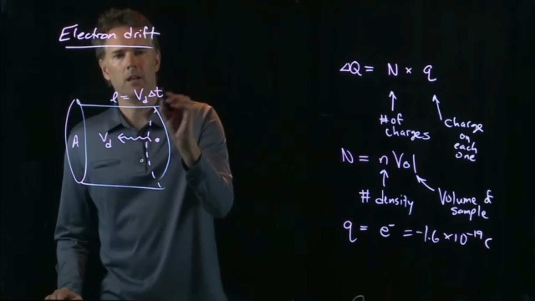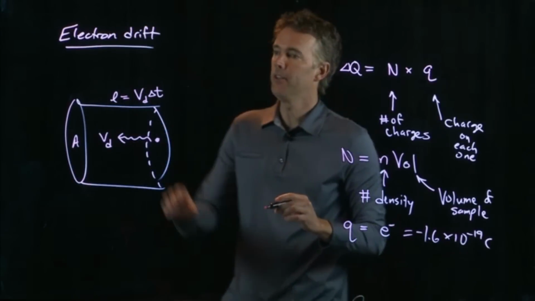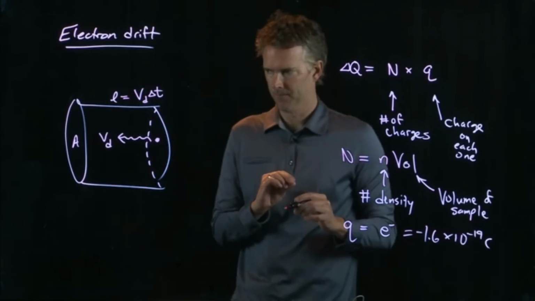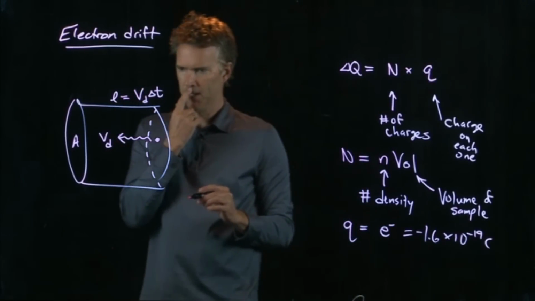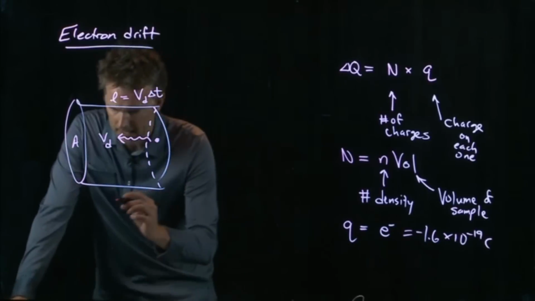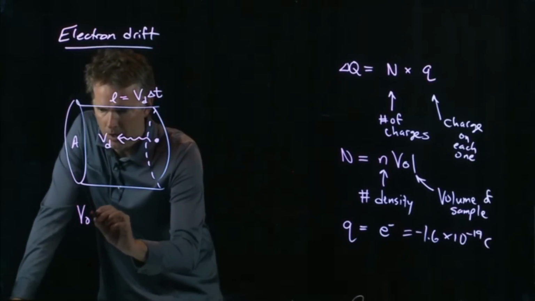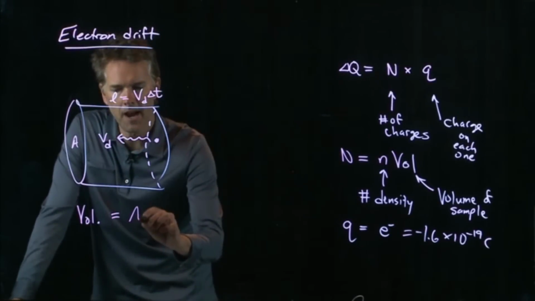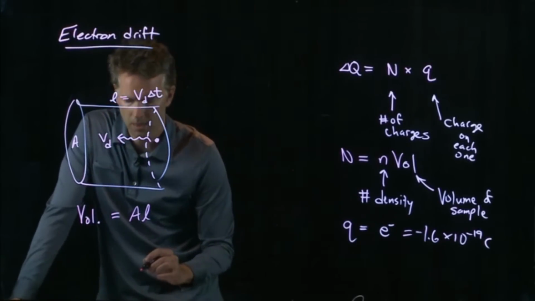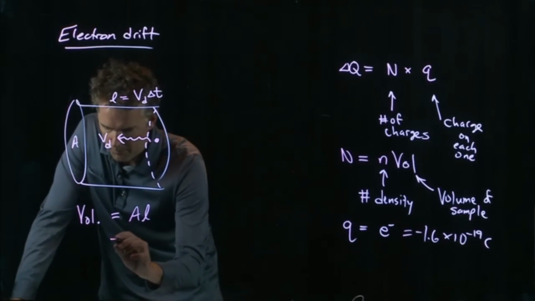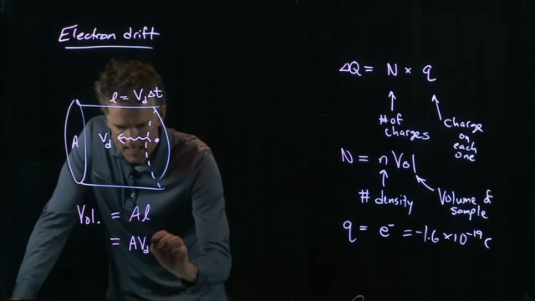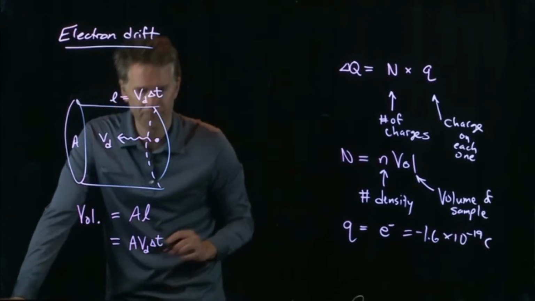And so that distance L is just the drift velocity times delta t. All right. But if I do that, then I can calculate the volume of this cylinder. The volume is just the area times the length, and so the volume becomes A times V_d delta t.